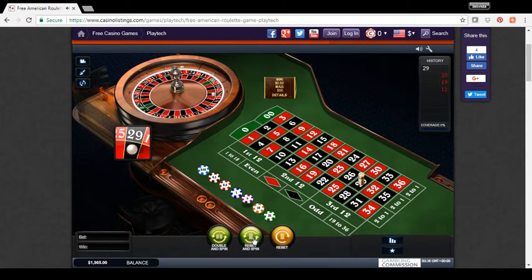29. Black, odd. Place your bets, please. Okay, that's a loser. That's the first time that the 29 has followed the 23. So maybe the data does not translate that well, but still, I'm down $95.